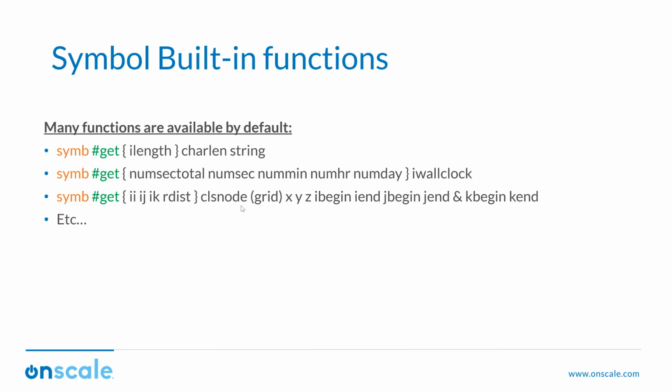This function, for example, CLS node, is very useful because you give it some coordinate x, y, z. So you can give it a certain area of your model, and it will return to you the coordinates of the closest nodes in your model. So it will give you II, ij, and ik, which are the coordinates of the closest node from the coordinate points that you are giving it.